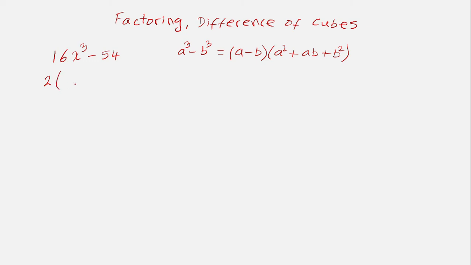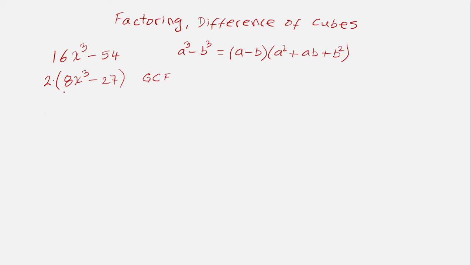If we factor it out, then this becomes 8, and we still have x cubed. And the 54 becomes 27. Now 8 and 27 don't have anything to factor out, so we can't keep factoring anything else, which means that we found the greatest common factor, right?